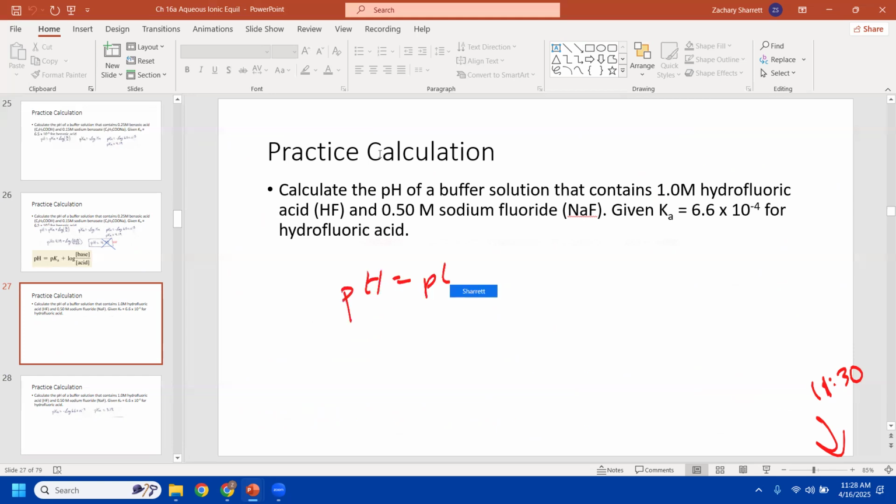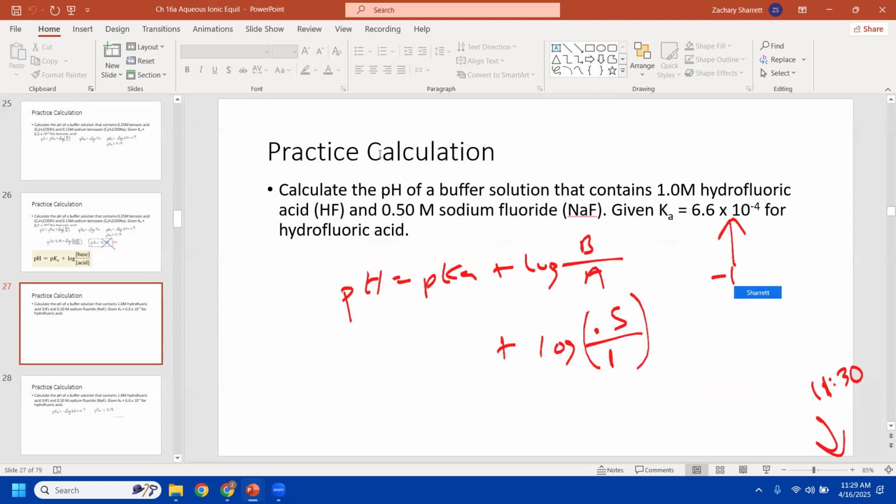pH equals pKa plus log of base over acid. Base concentration is how much? Over 1 plus, so we have to do the negative log of 6.6 times 10 to the negative 4, right? What'd you get for the pKa, Analia?